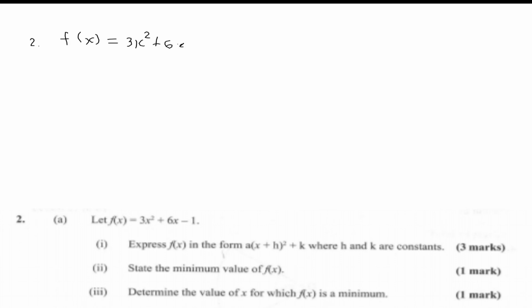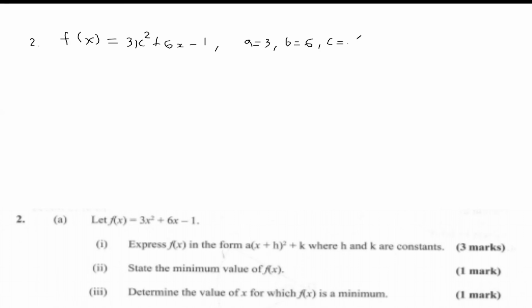All right, we've been doing this so many times now, from CSEC math and now to Add Math. So we can identify that the coefficient of x squared, we call it a, is 3, our b is 6, and our c is minus 1.